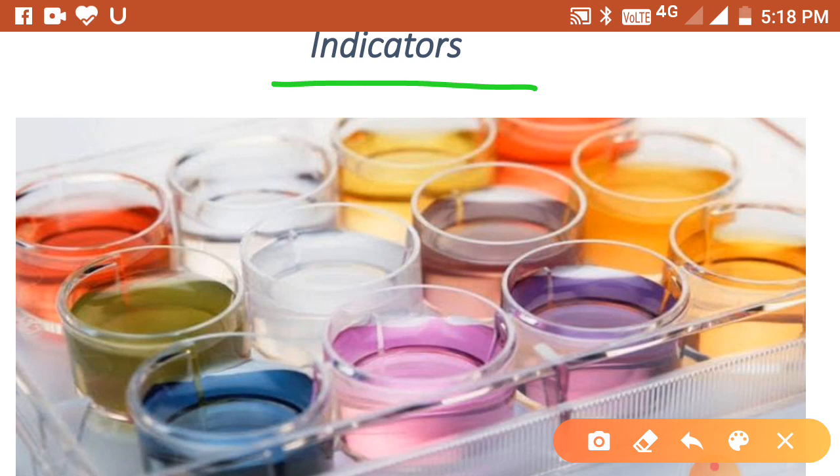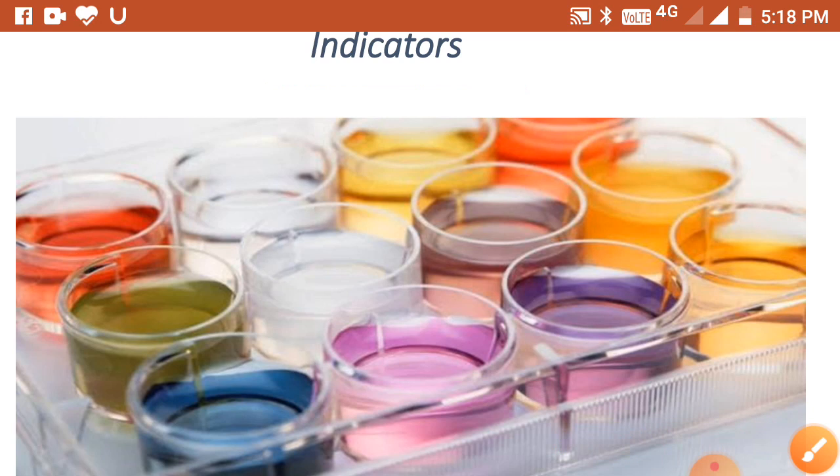What are indicators? Indicators give different colors with acids and bases. Now you can see here in this picture there are different colors in the beakers. Why? Because we use indicators. Because indicators tell about the acids and bases.